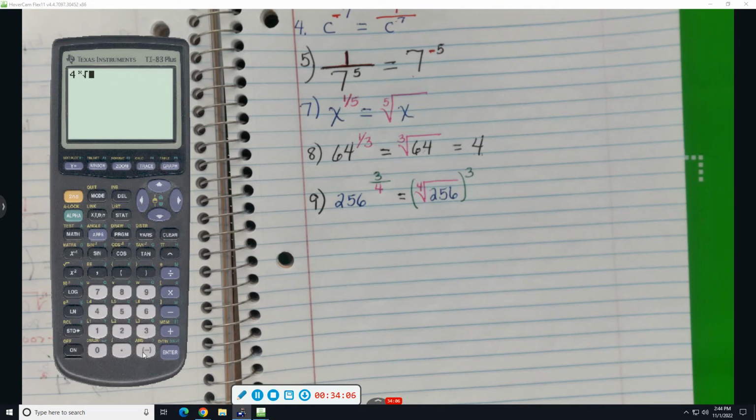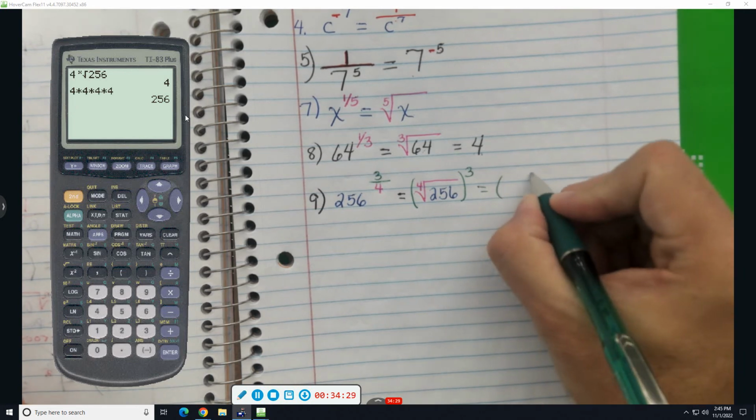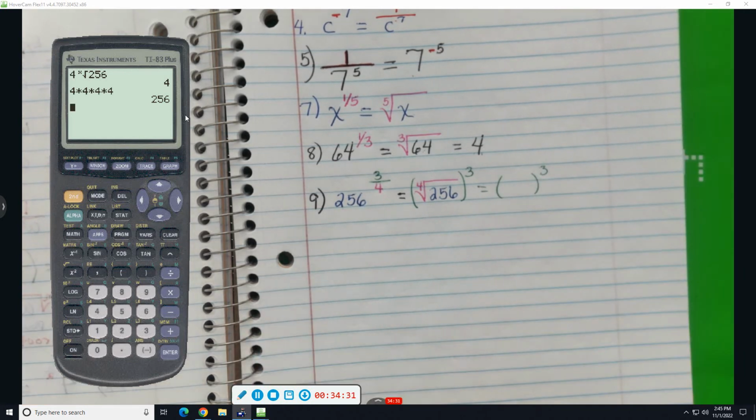I mean, 256. It's a 4. Is 4 times 4 times 4 times 4 256? Yeah. So the 4th root of 256 is a 4.